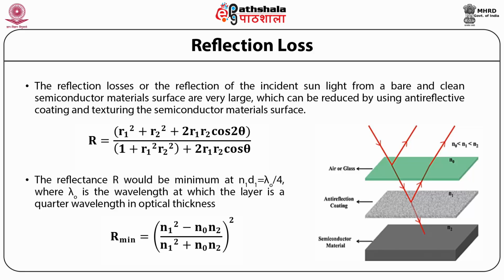The above expression shows that the reflectance will be 0 when n1 is equal to root of n0 n2 at d1 equal to lambda naught by 4 n1. Hence, there will be only one wavelength for which the above situation is satisfied, while in practice the reflectance needs to be decreased for a broad band of wavelengths.